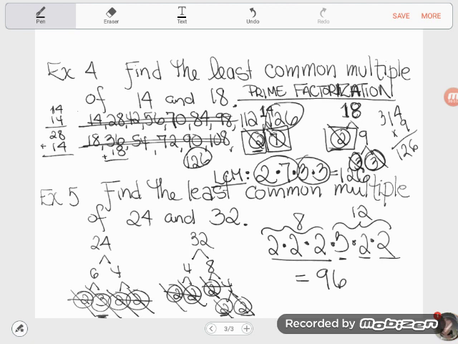So least common multiples can be stumbled upon by listing out multiples. They can be built out of factors. Whichever way you do it doesn't matter. Use whichever tool is easier for you. However, it's important that you know both, because sometimes one way is the best way and sometimes another way is the best way.